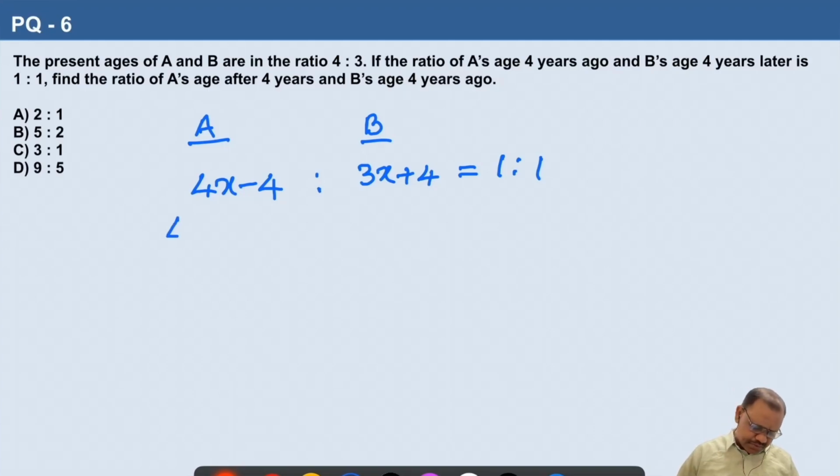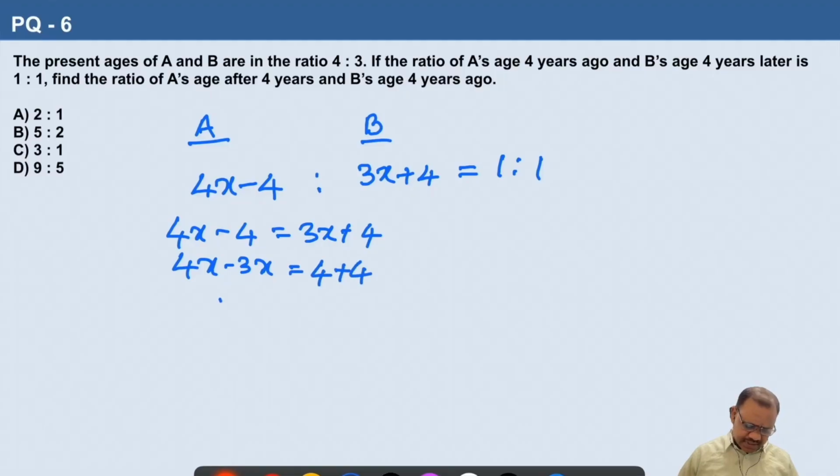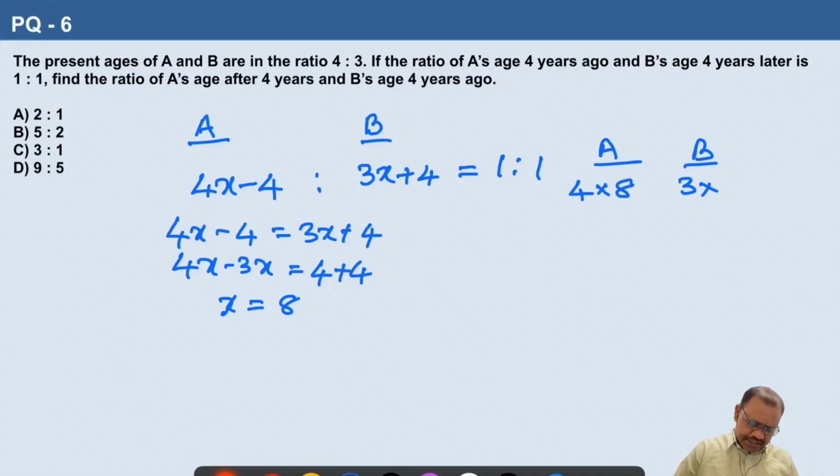So you can assume 4x minus 4 is equal to 3x plus 4. 4x minus 3x is equal to 4 plus 4. X is equal to 8. So their present ages are A and B. Present ages are 4x and 3x, 4 into 8 and 3 into 8. This is 32. This is 24.